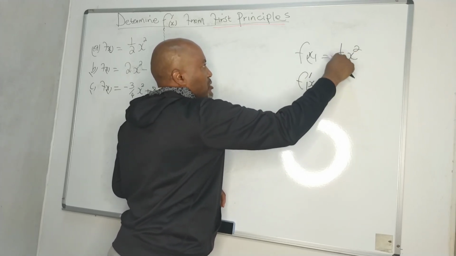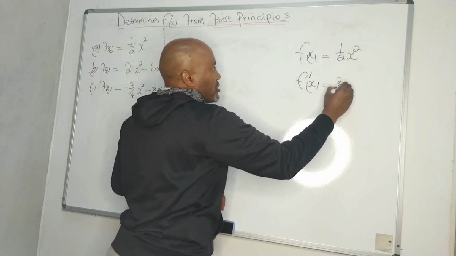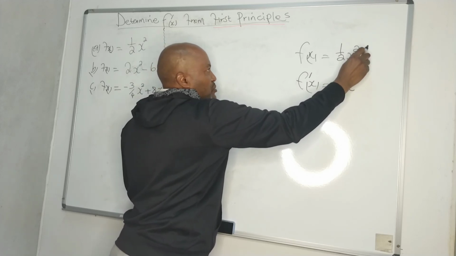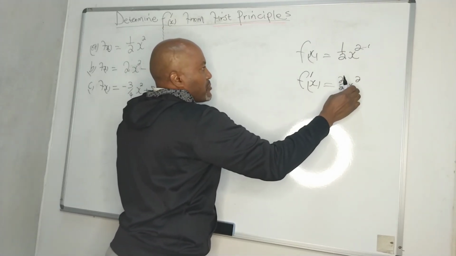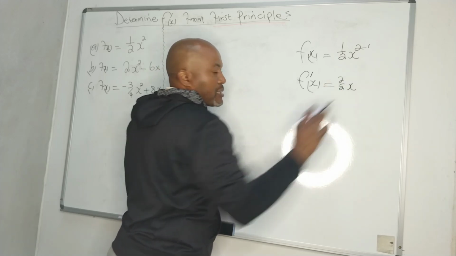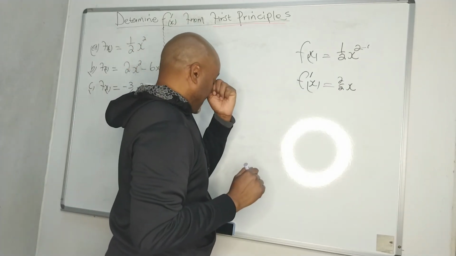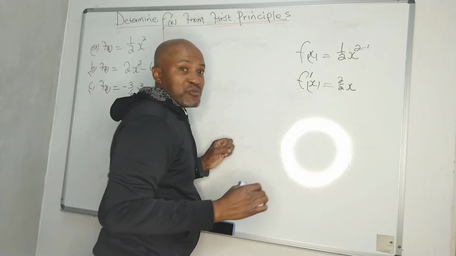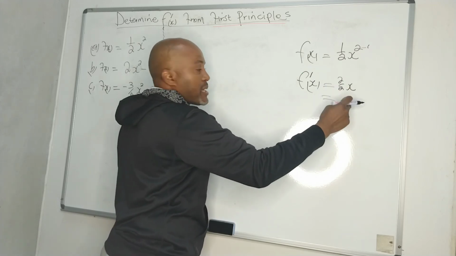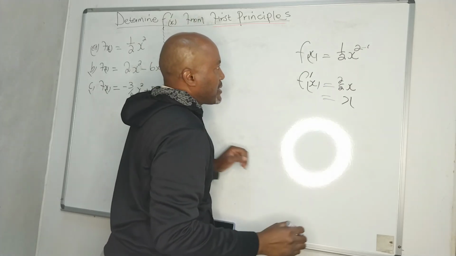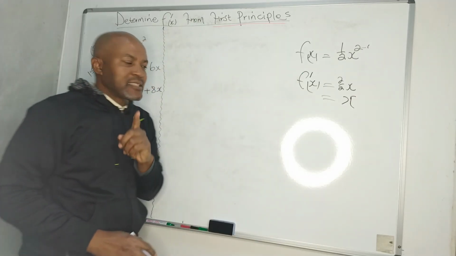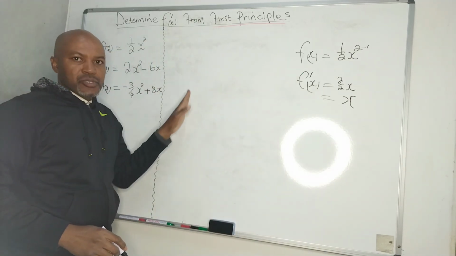So 1 over 2 multiplied by 2, you get 2 over 2 x to the power 2, then you also subtract 1 from the exponent. So your answer will be 2 over 2 x, okay? But what is 2 over 2? 2 over 2 is the same as 1, which multiplied by x, we get x.